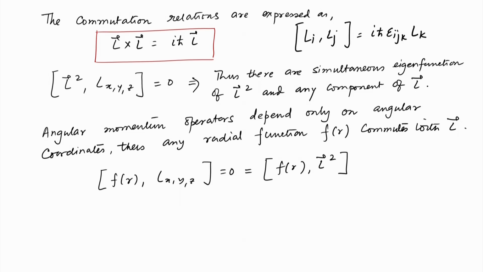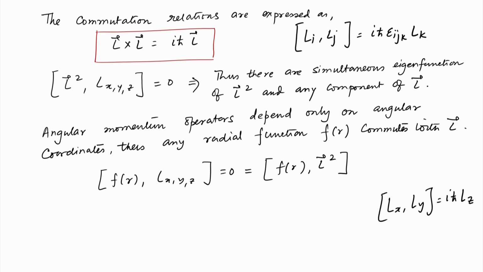So, this tells us that [Lx, Ly] is equal to i h cross Lz, and that is a commutation relation. Now, if I take [Ly, Lx], that of course will bring a minus sign here.